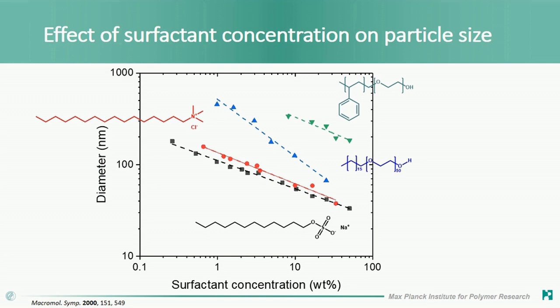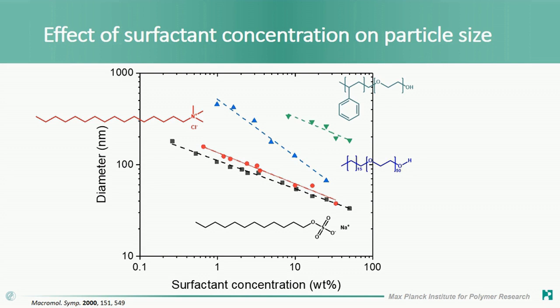However, when we move to polymer-based surfactant, it's a completely different story. So usually they have much higher CMC than smaller molecules, and they are also by themselves bigger, and they can form bigger vesicle. And that's what we observe, is that the diameter of the particles that we obtain using polymer-based surfactant are usually much bigger than what we observe with small molecules.